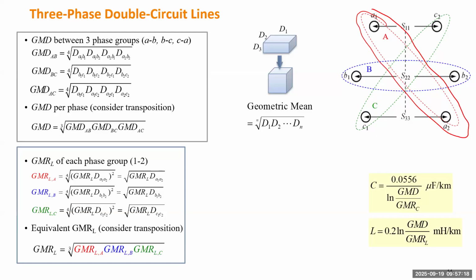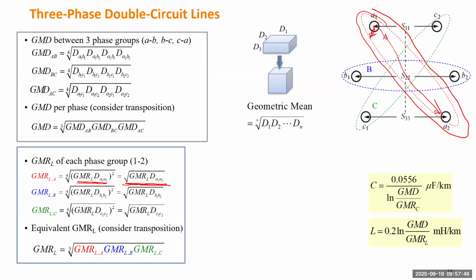So you just need to calculate the distance between the center and the skin of one conductor, and then you consider the distance between the 2 conductors in each group. So that's the product of those 2 elements. Then you change the reference to the second one, you get another one. So eventually, that will be the GMR A, LA.